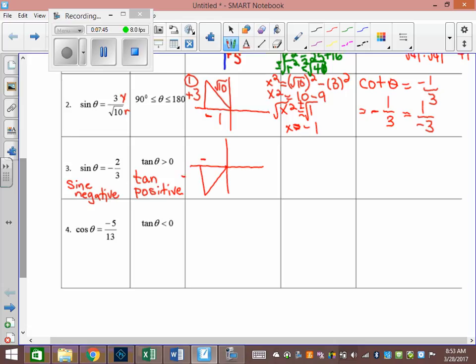A lot of the time, they put these trig ratios in quadrant 3. Because what they can do, even if they give you tan, they'll give you tan of like 3/4, let's say. And then you'll put it in as positive 3 and positive 4. But it's not positive 3 and positive 4. It's actually negative 3 and negative 4. But what happens when you divide two negatives? It becomes positive. The negative signs go away.